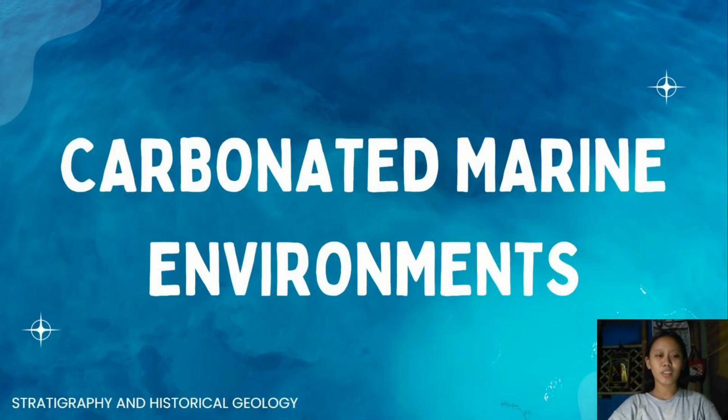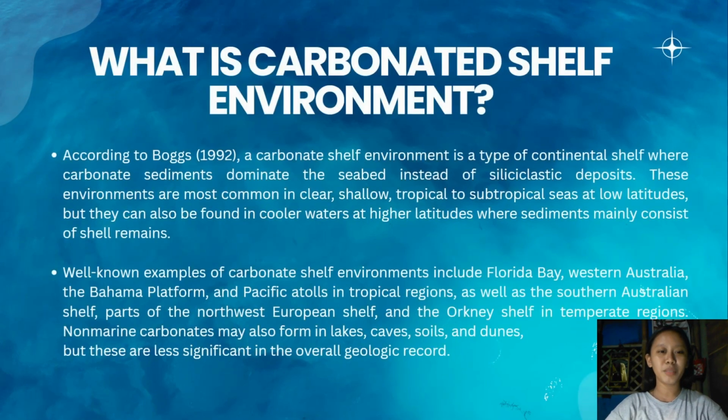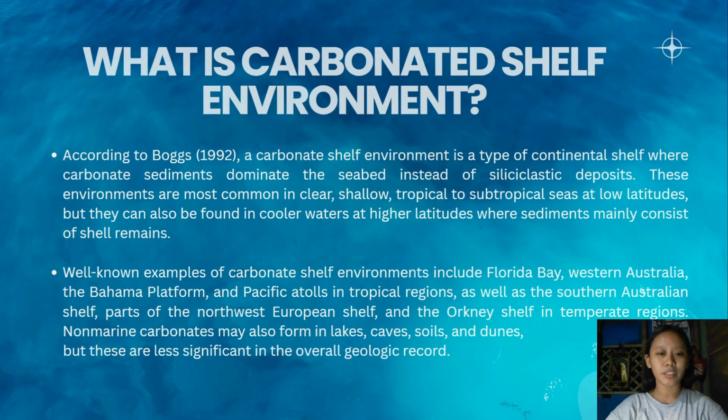And now, let's talk about carbonate marine environments. So, what is a carbonate shelf environment? According to Boggs, 1992, a carbonate shelf environment is a type of continental shelf where carbonate sediments dominate the seabed instead of siliciclastic deposits. These environments are most common in clear, shallow, tropical to subtropical seas at low latitudes, but they can also be found in cooler waters at higher latitudes where sediments mainly consist of shell remains.